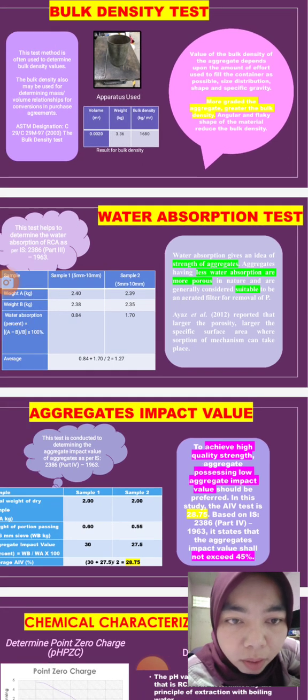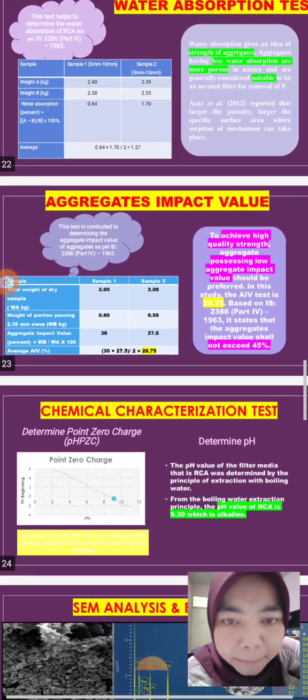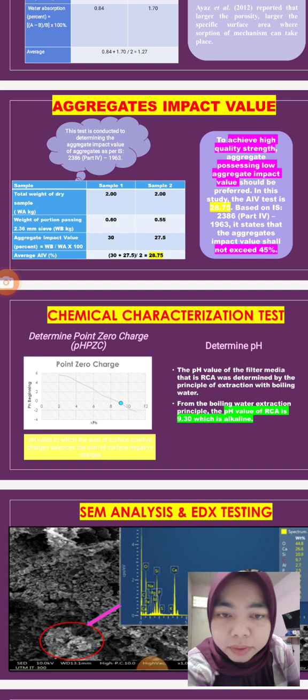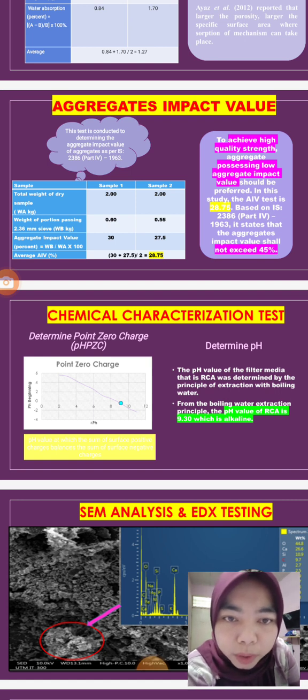So the aggregate having the less water absorption are more porous in nature and are generally considered suitable to be an aerated filter for removal of phosphorus. Next, for the aggregate impact value, the average was 28.75, which is the value that does not exceed 45%.